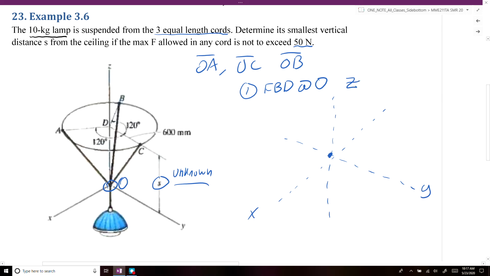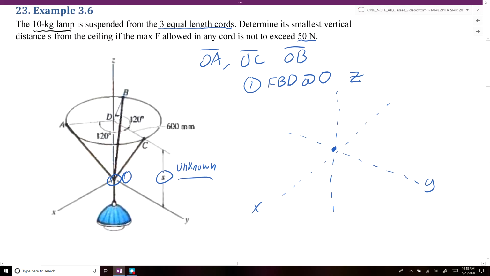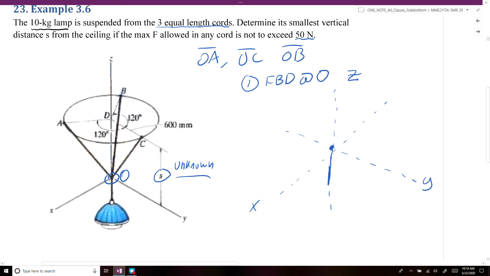The next thing we're going to do is apply our known forces. In this case, we have a 10 kilogram lamp, so we'll define that as our force W, and that's going to go along the negative z-axis. And then we have 3 additional forces. We have a force that goes from the origin to point C. Let me redraw that.